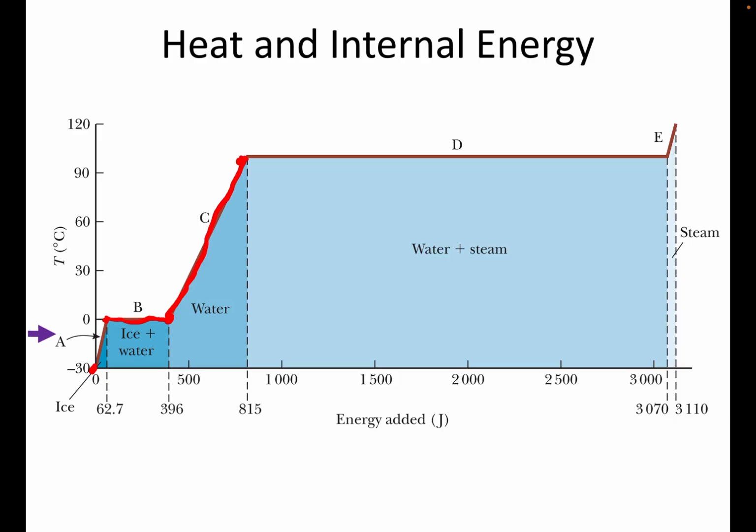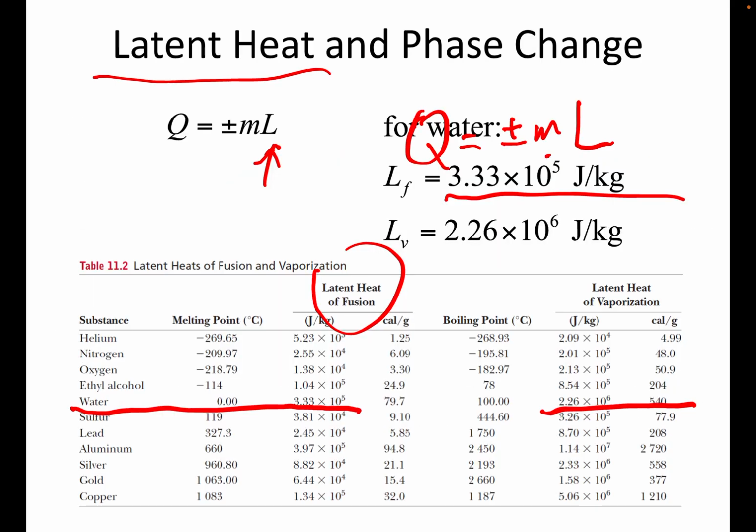We keep adding heat. The water gradually becomes steam until all the water becomes steam, and then as we add more heat, the temperature of the steam increases. So what this really means is that the amount of matter that changes phase is given by the energy added divided by this latent heat coefficient.